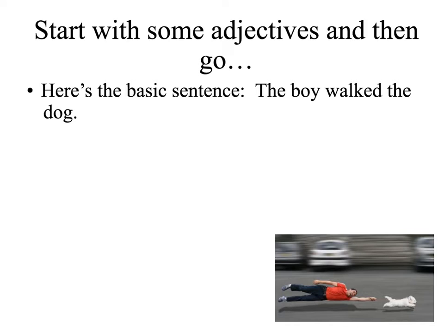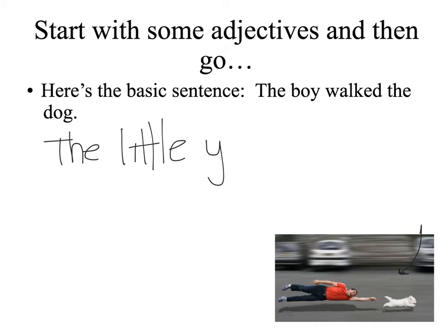Again, here's the basic sentence. The boy walked the dog. Well, I'm going to say the little, now this is a small dog, so I hope all my dog owner friends don't get upset when I say this, but those little dogs don't bark, they yip. So I call them yipper dogs.